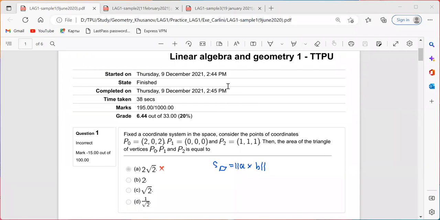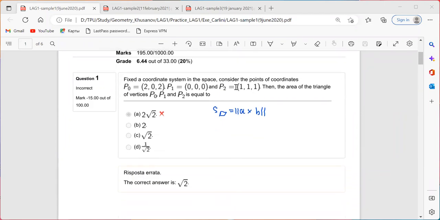So today we will consider some exercises from previous different kinds of exams, and we will start. Let's consider the first question.